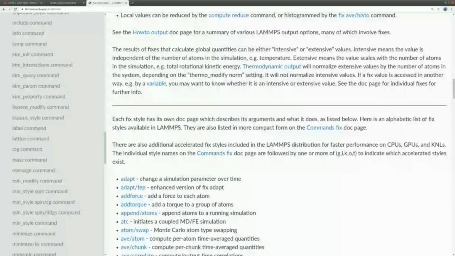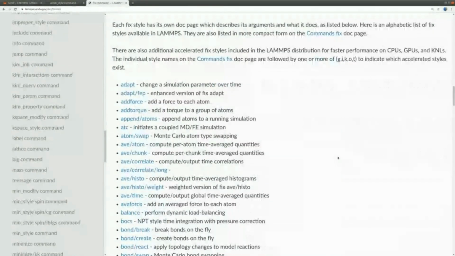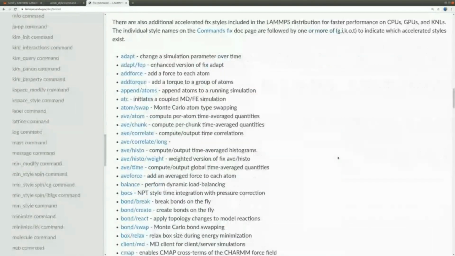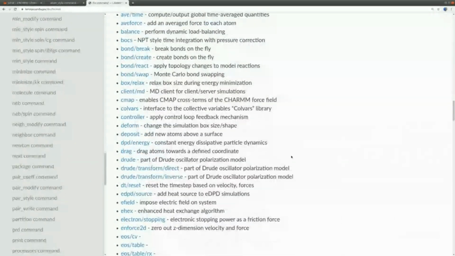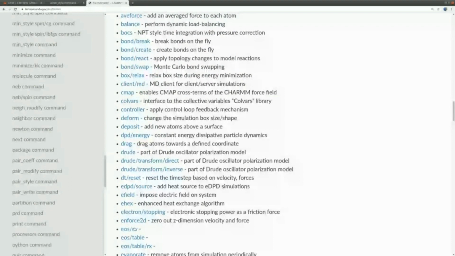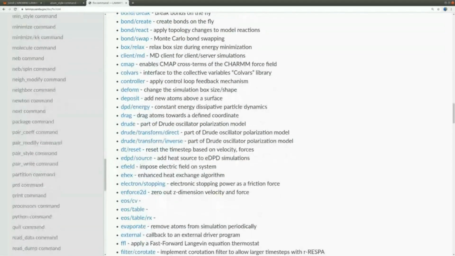So there are a huge number of fixes, and they do loads of different things. For instance, you can have a fix to add torque. You can have a fix to enforce 2 dimensions. As I said, we're running a 3-dimensional system, but you can run a 2-dimensional system. If you want to do that, you need a fix. You can have a fix which will evaporate some of your particles away.